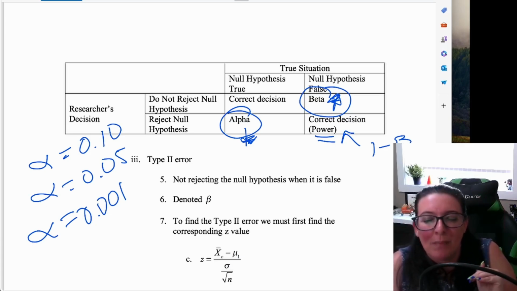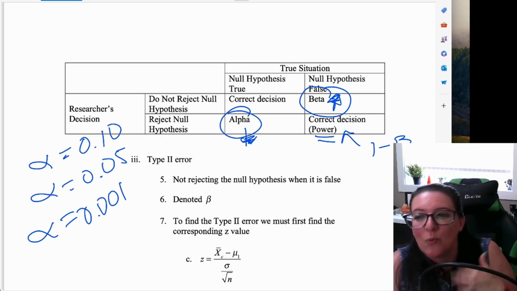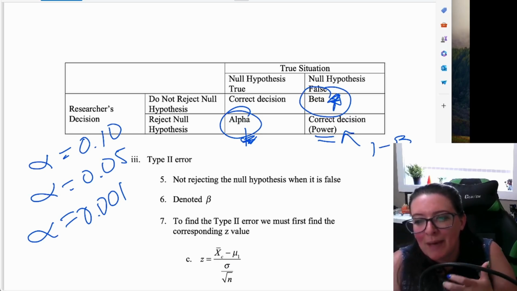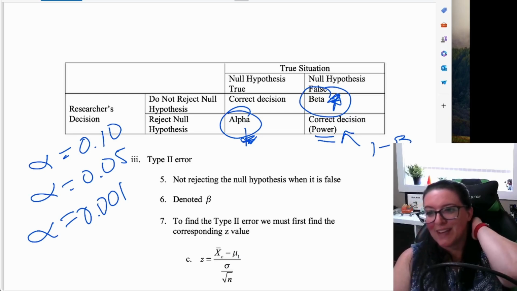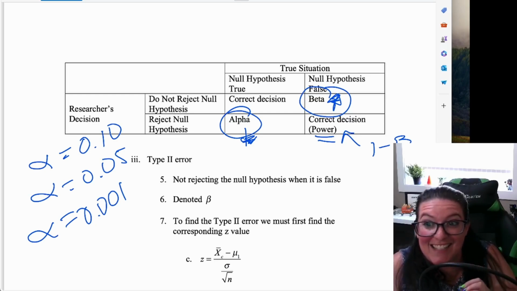So alphas are much lower in medical testing, whereas a beta, which says the drug didn't work but it actually did, we would rather have a higher amount of that. We'd rather have beta be higher in medical tests where there's that bigger risk if you're saying something is effective and it isn't. You can't say this cures cancer and it doesn't.